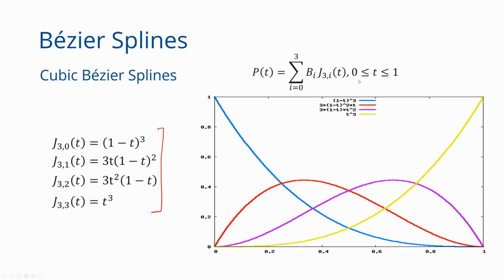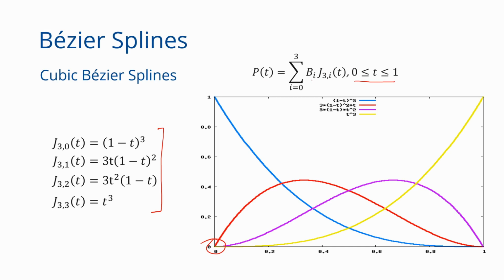The parameter value for the Bezier spline always goes from 0 to 1. So the parameter range is always normalized. When t is 0, the only basis function that is alive is J30. The other 3 basis functions go to 0. So at t equal to 0, since only J30 is 1, P(0) is equal to B0, right?